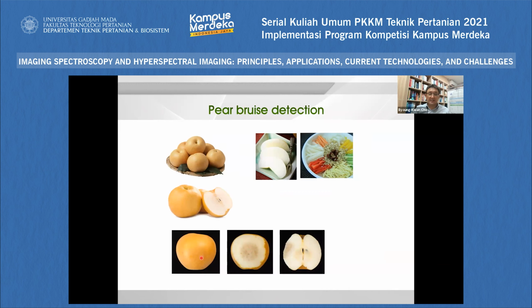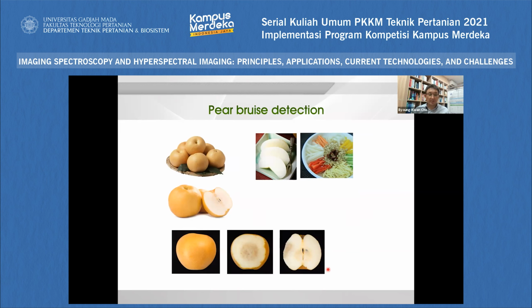With naked eyes, it's very difficult to identify because the bruise area is beneath the skin. If we peel the skin, there is a bruise area like this one. This bruise area accelerates the rotting of the pear. So we have to sort out the bruised pears.